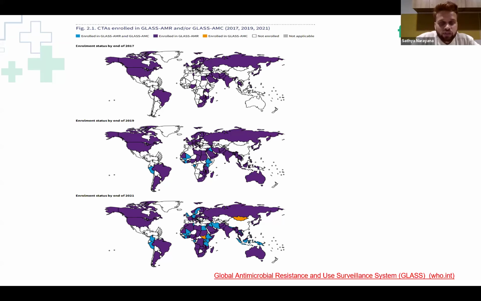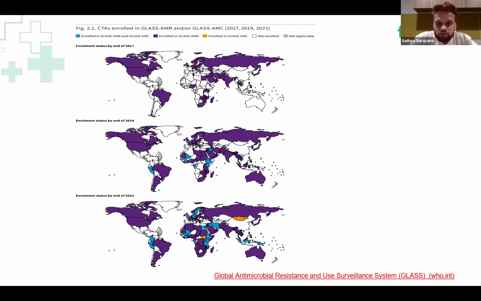First, if you consider this image, the blue ones are the countries that are enrolled for both antimicrobial resistance surveillance and antimicrobial consumption surveillance. The purple indicates the countries that were enrolled for following antimicrobial resistance rates, and the orange ones represent the countries that are enrolled for collecting data regarding antimicrobial consumption.